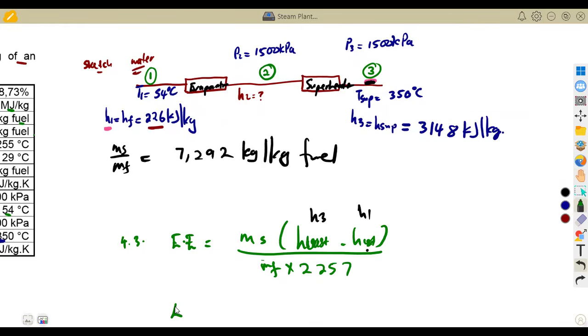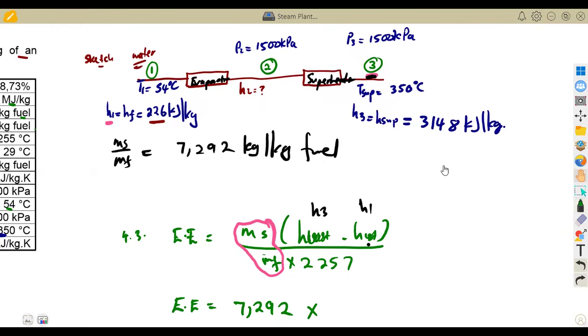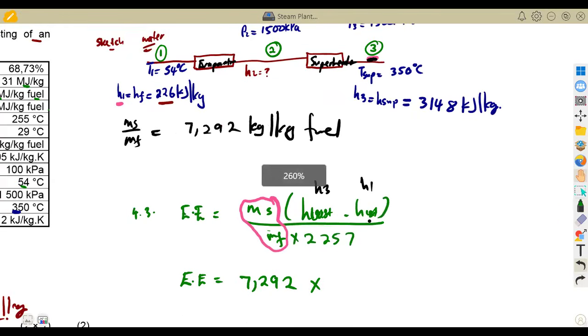We're just inserting our values. The mass of steam over the mass of fuel is the one that we calculated before, which is 7.292, times what we are remaining with, H3 minus H1.